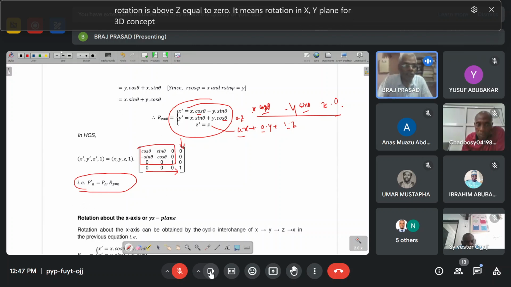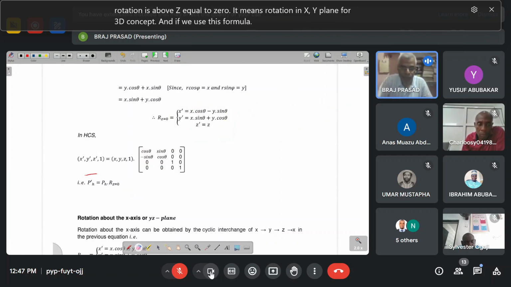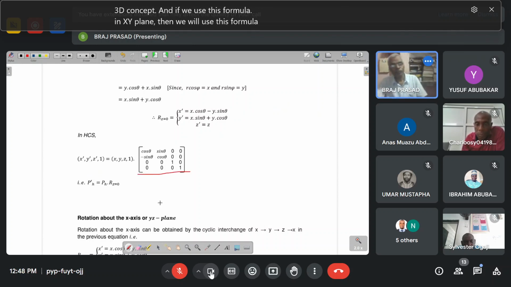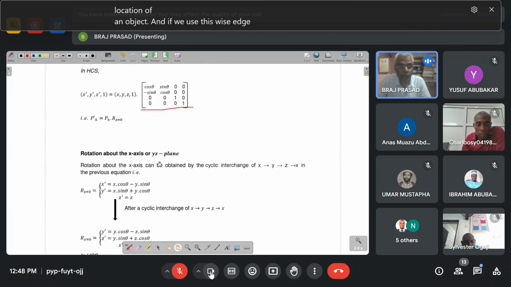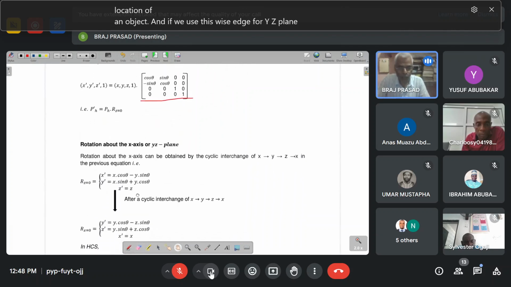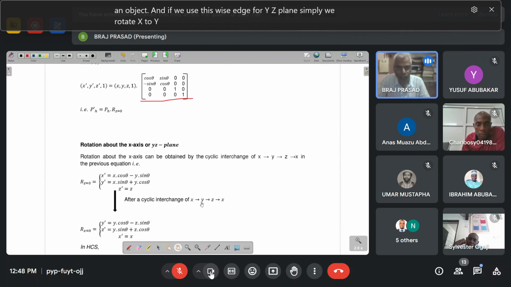And if we use this formula in xy plane, then we will use this formula to get the coordinate for the new location of an object. And for the yz plane, simply we rotate x to y, y to z, and z to x in this formula.